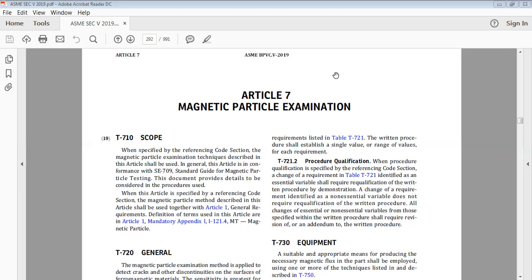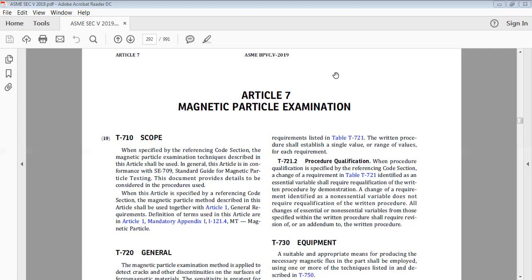Okay, then next what we saw: true indications, false indications, non-relevant indications. True indication means the indication actually comes from a discontinuity. False indication means powder accumulated, iron particles accumulated because of gravity or because of a rough surface. Non-relevant indication: if you apply excess current, there are chances of leakage field and you will get indications.